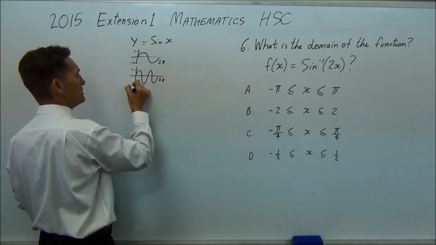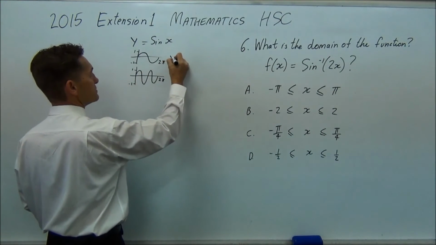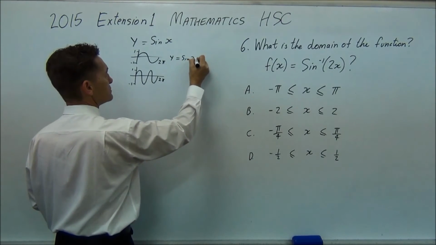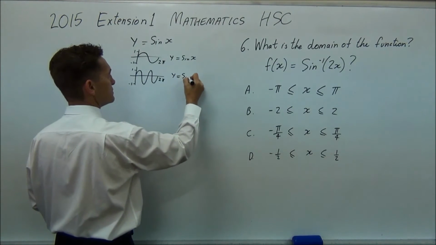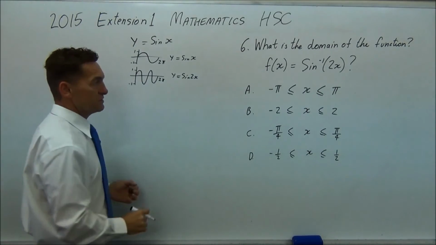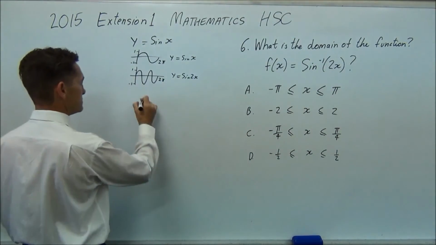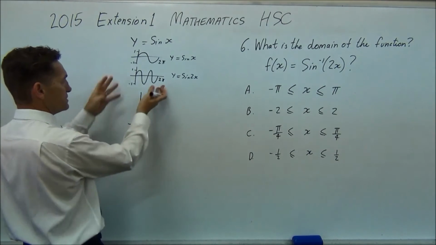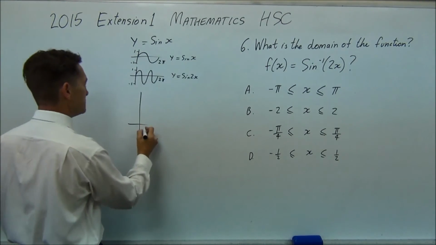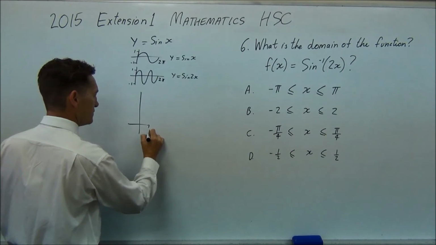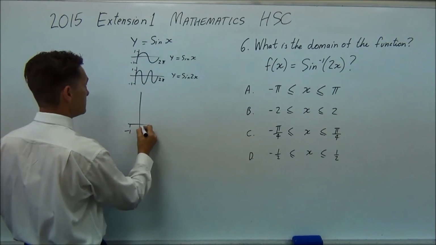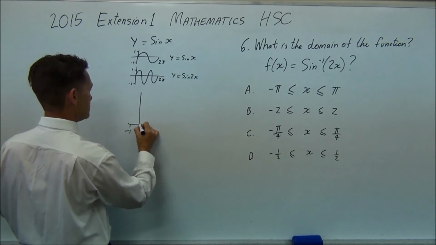That's 1 and that's minus 1, so that's y equals sine x, and that's y equals sine 2x. So we change it around and we invert it going upwards. Nothing's going to change. This distance is still the same. It's going to just occur on the x-axis.